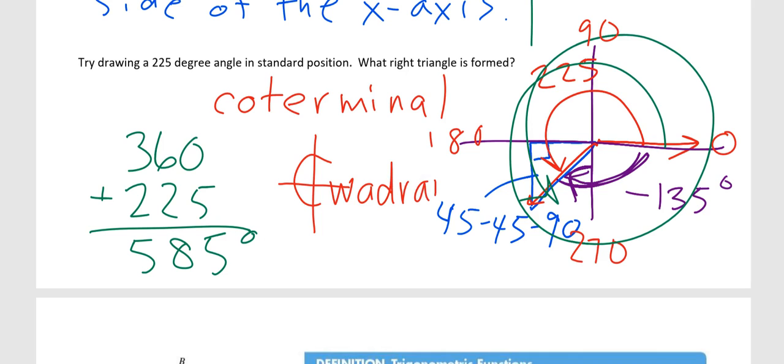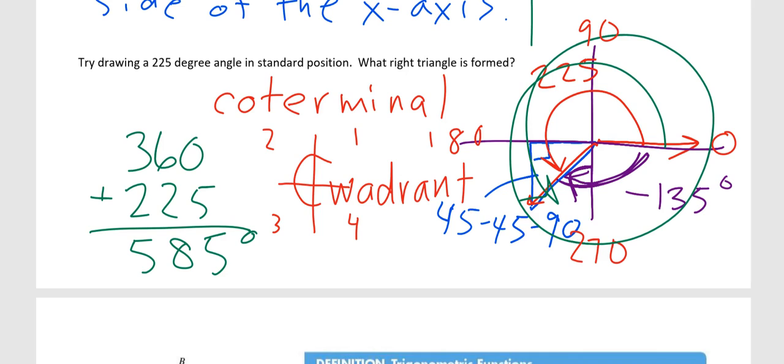C-W-A-D-R-A-N-T. Quadrant. Right? 1, 2, 3, 4. It looks like a capital C, 1, 2, 3, 4. No, you don't spell quadrant that way. I'm just trying to help you remember. Okay?